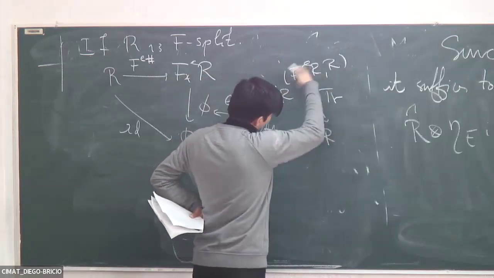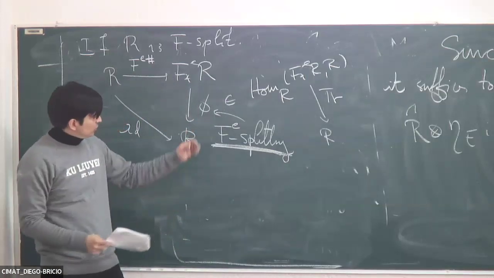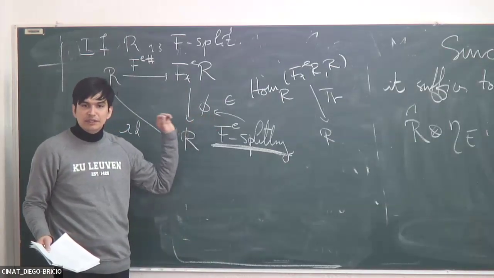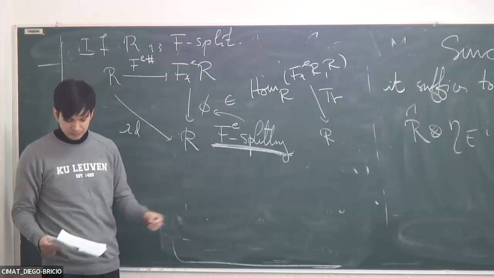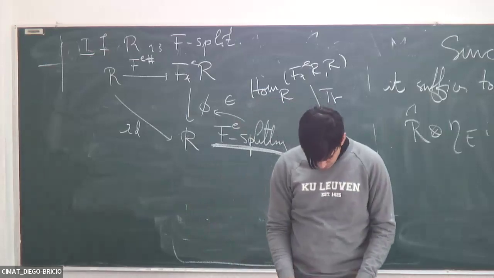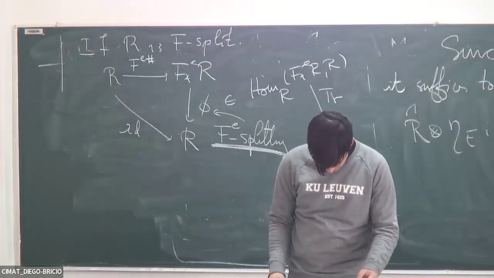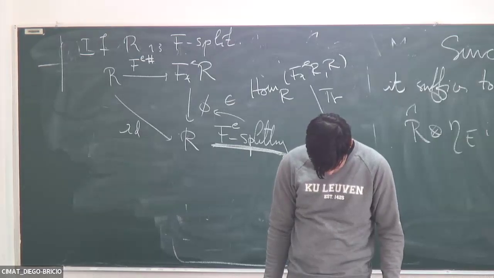And all that is going to be part of the game. So what the first notion of F-singularity tells you is that you should put an emphasis on F-splittings. Okay, I wanted to say that.